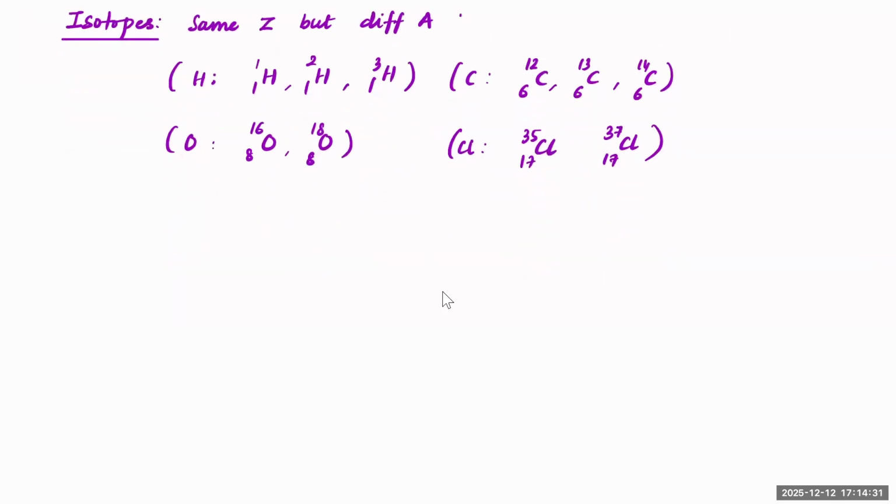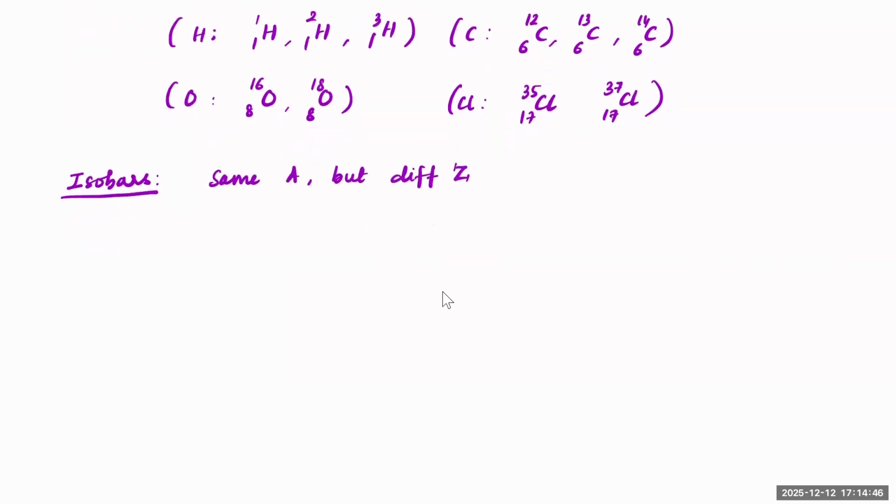These are isotopes. Then we have isobars. Isobars means we have the same mass number but different Z value. Got it? So if you check out the examples here, for instance, potassium can be 40 and 19, calcium can be 40 and 20, argon can be 40 and 18, right?